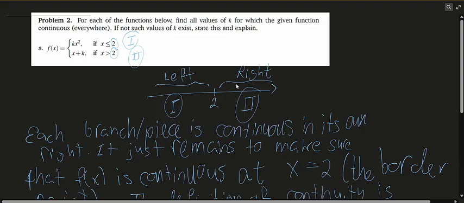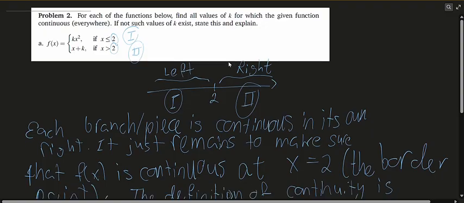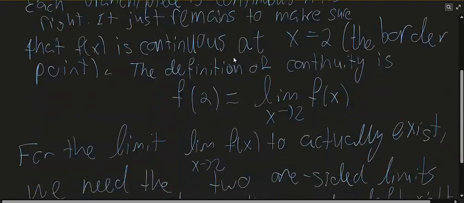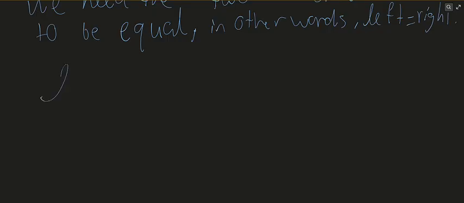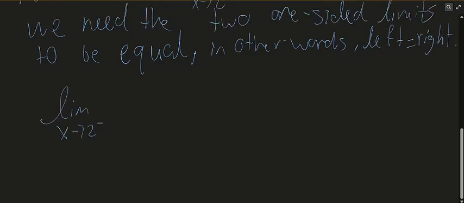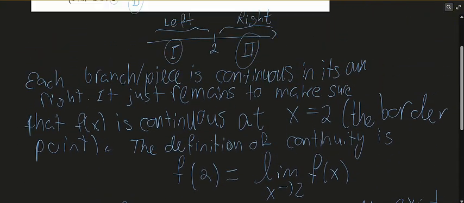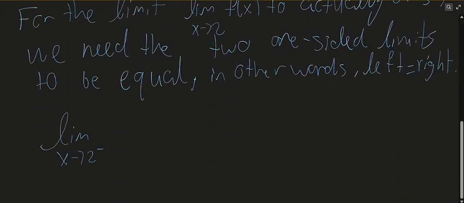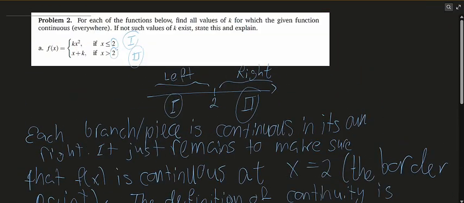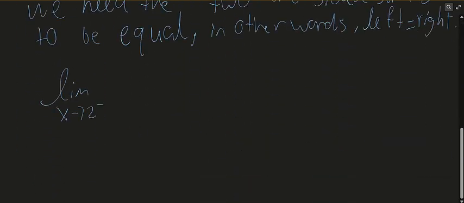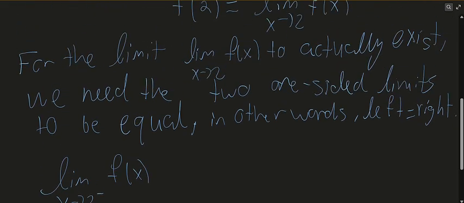So let me do the limits. The limit as x approaches 2 minus, that's not 2 to the power of minus, let me remind you, that's read 2 from the left. That means x approaches 2 from the left, a bit to the left of 2, of f of x. Think of it as plugging in something like 1.99 for x.